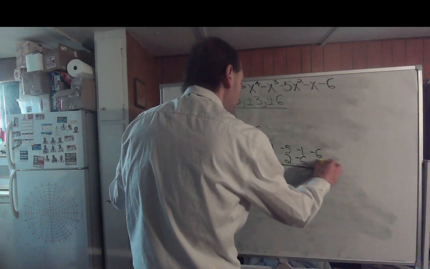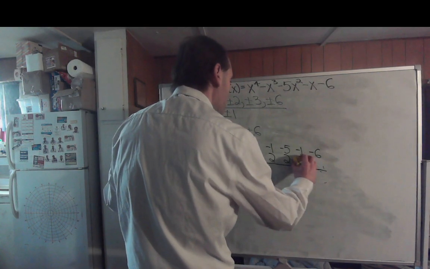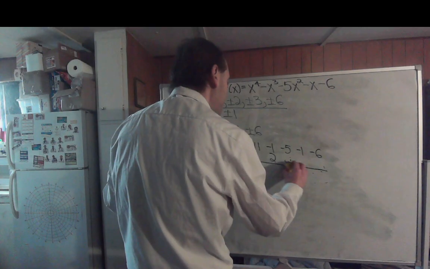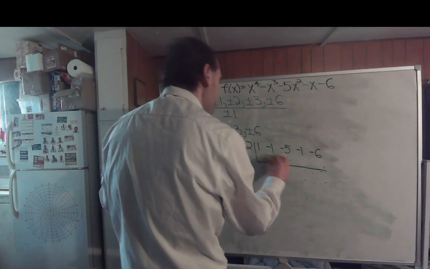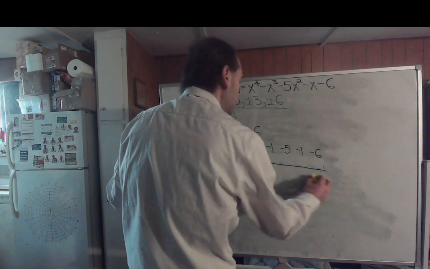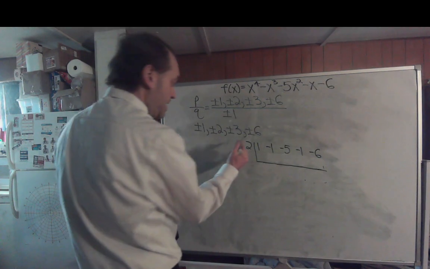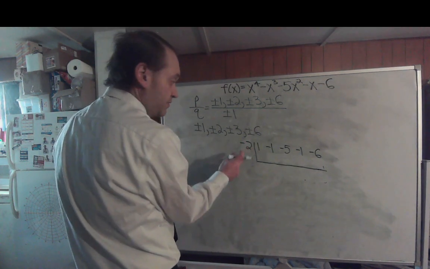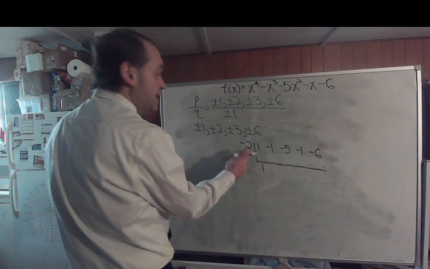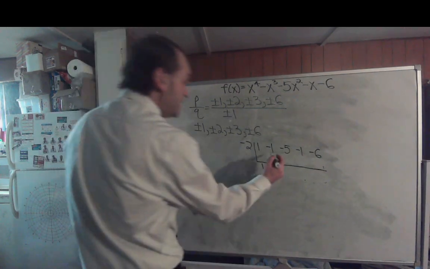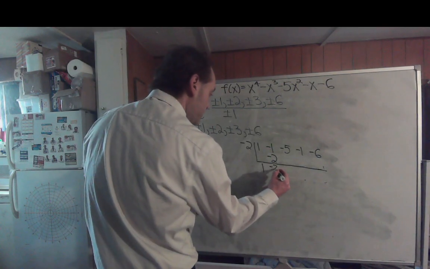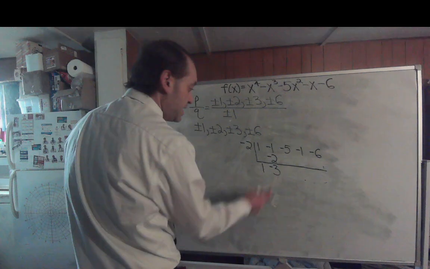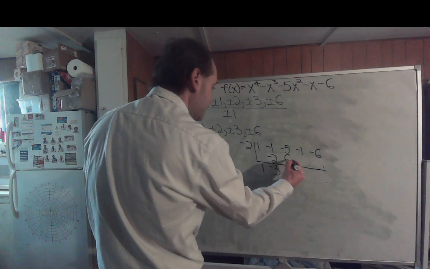So we tried +2 as a rational zero. Why don't we try -2? All right, let's try it. -2 for that. So let's bring down your 1. -2 times 1 is -2. -1 minus 2 is -3. -2 times -3 is +6.